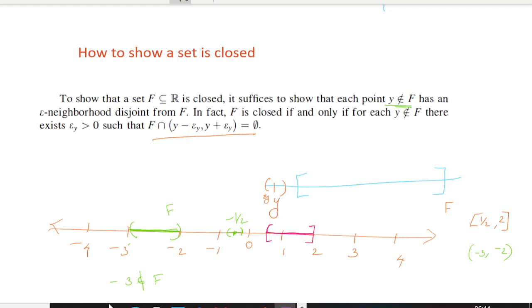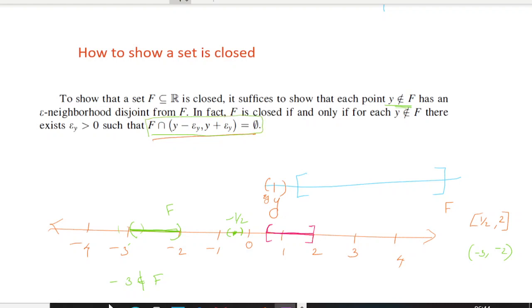But if you go for any epsilon neighborhood of this minus 3, it will have intersection with this F. Am I right? For any epsilon neighborhood of minus 3, it has non-empty intersection with F. So this condition cannot exist.